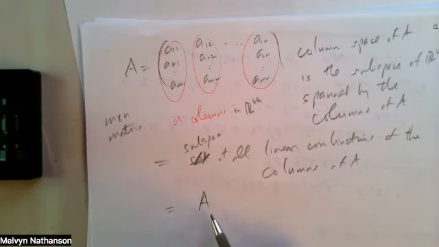It's just AX. If X is any vector, AX is a linear combination of the columns of A.